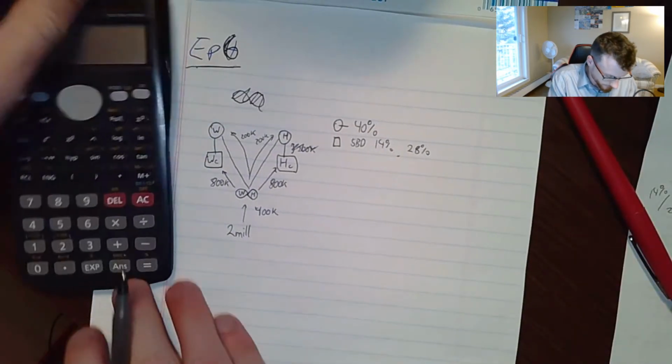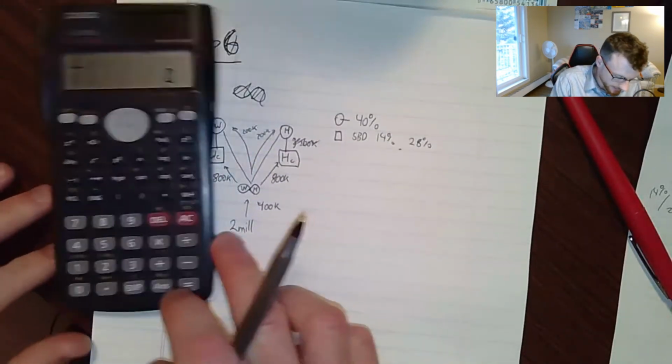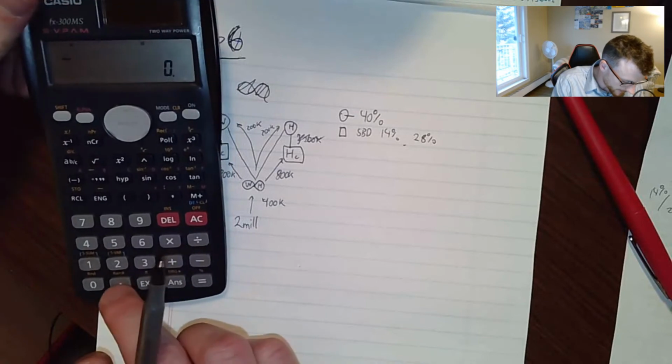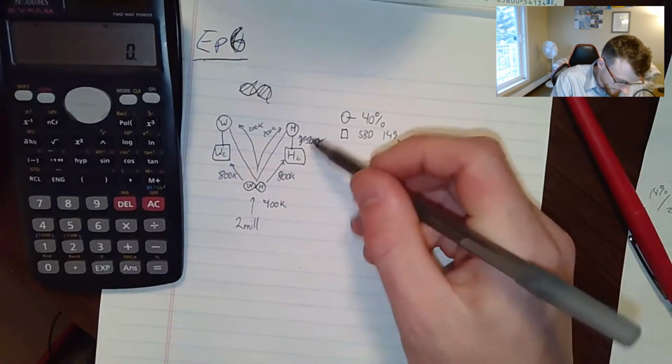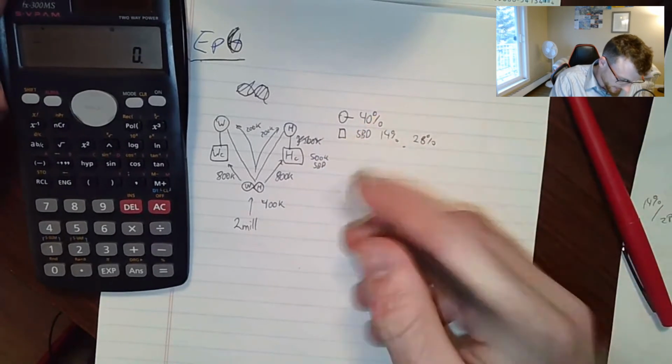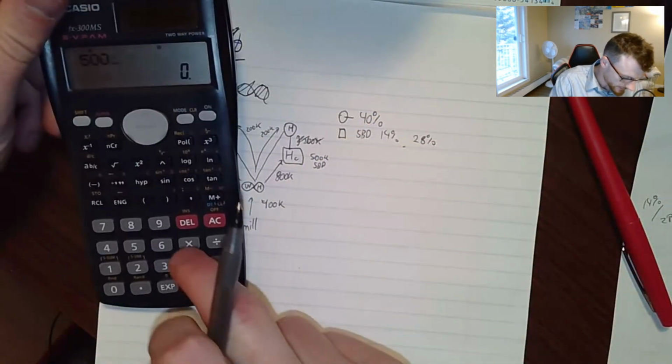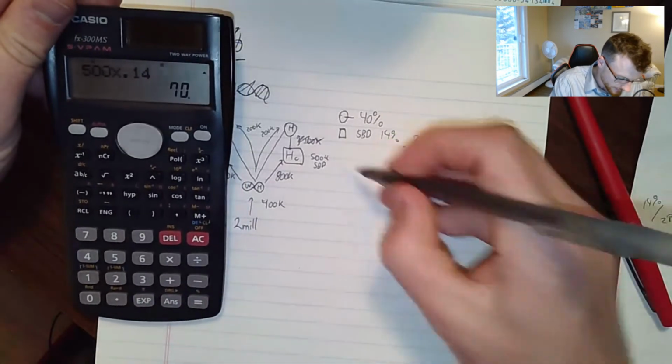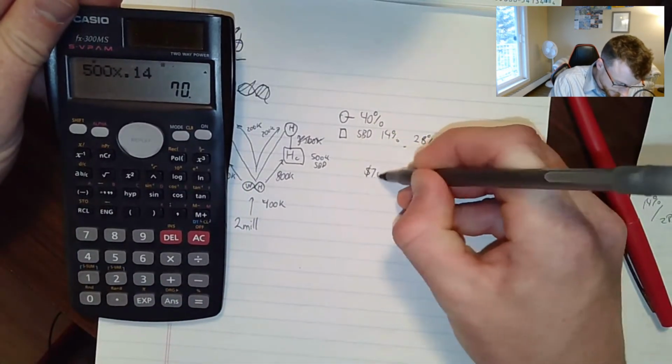So the corporations, get out my trusty calculator, are going to be taxed on the $500,000 small business deduction right here. $500,000 times 14% equals $70,000.